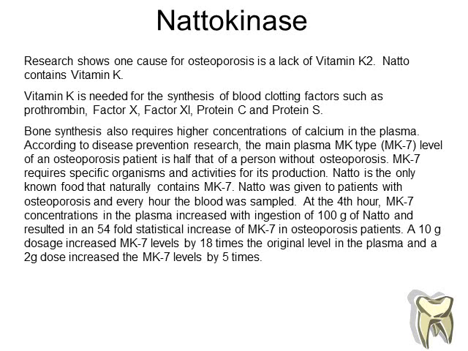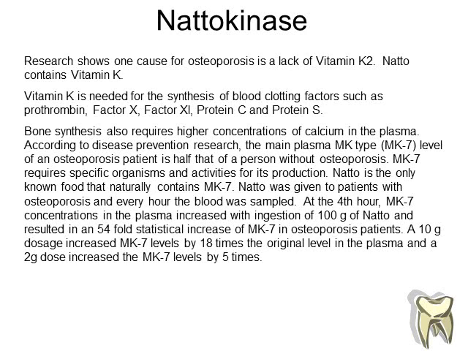According to disease prevention research, the main plasma MK type, MK7, level of an osteoporosis patient is half that of a patient without osteoporosis. MK7 requires specific organisms and activities for its production.